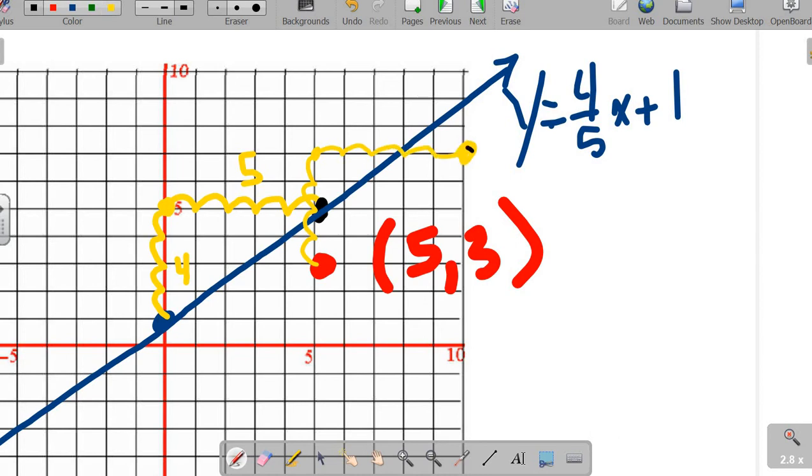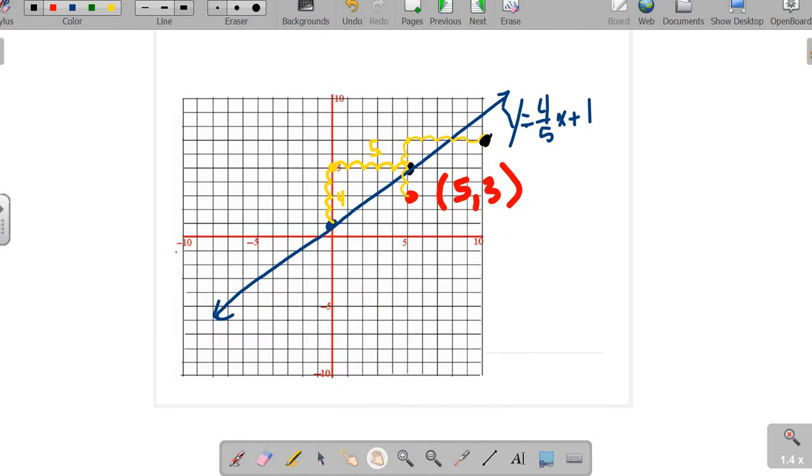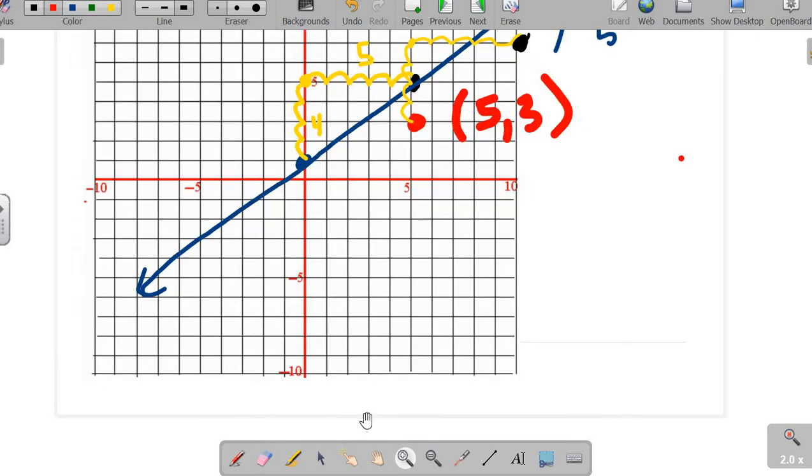So our second point is going to be there. But let's do this algebraically so we can make sure when we draw this line it's in the correct place.